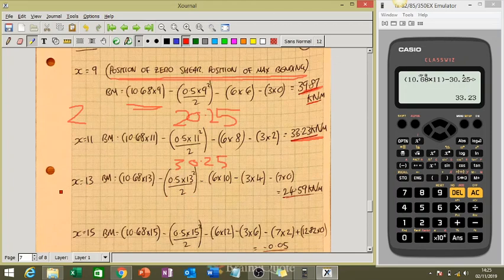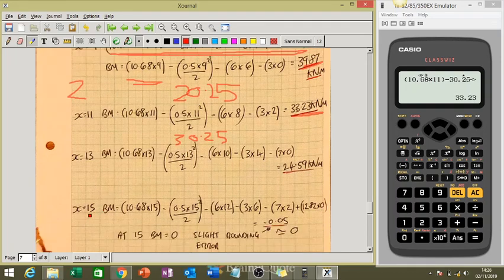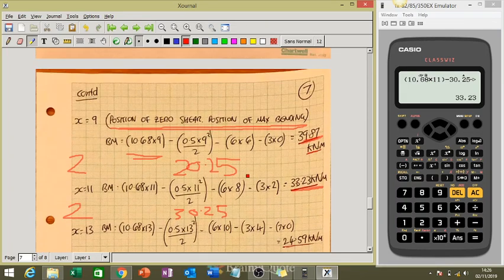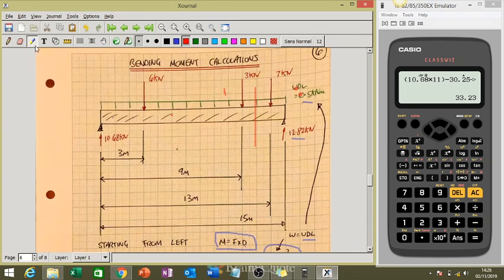I've done a few more points just for a laugh. At x equals 15, it should come back to 0. So I would do that, but I've gone to x equals 13. Again, we've gone up by 2, which means these are going up by 2, up by 2, up by 2, up by 2. We have got the 7, but because we're directly below it, as before, there's no moment produced.